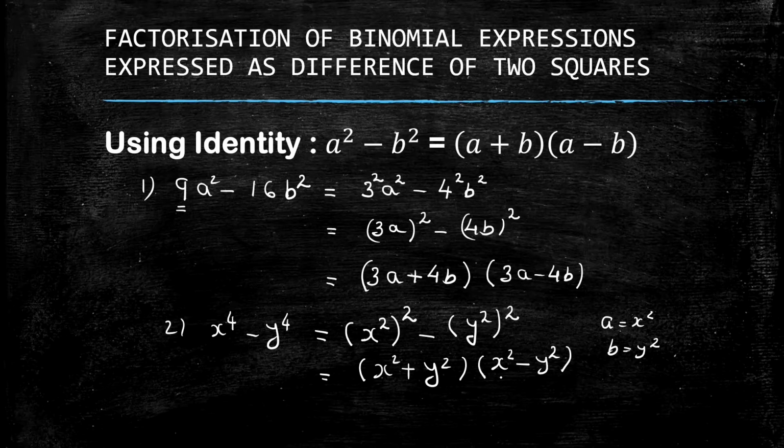Now I see that x square minus y square again is of the form a square minus b square, so I have to further reduce it. We have to keep doing the factorization till we cannot find any more factors. We stop there. So it is x plus y into x minus y. Now I cannot further factorize this. So this is the solution.